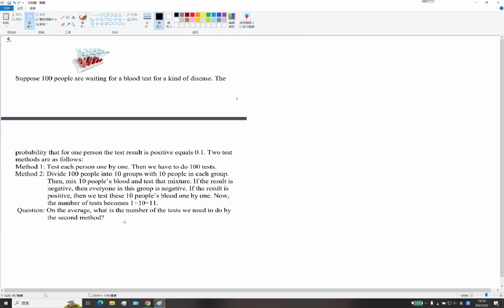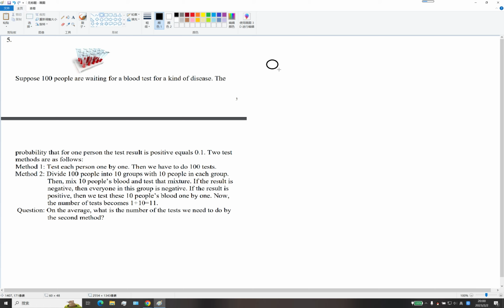So let's see the second method. Divide 100 people into 10 groups with 10 people in each group and mix these bloods together. And if the result is positive, then we have to do extra 10 tests. So we can draw like this.